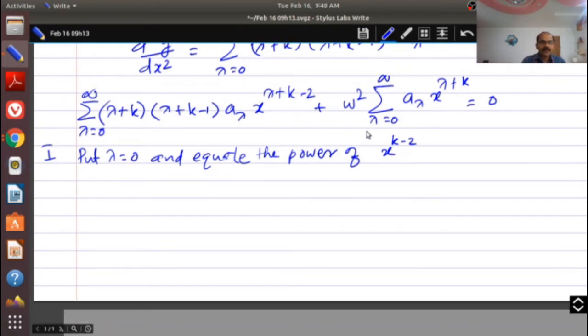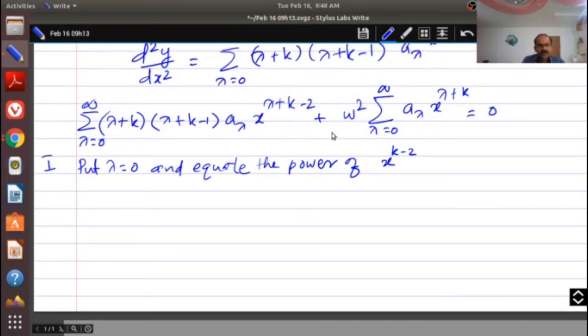And let's look at what that is. So what is the coefficient of x raised to k minus 2 when you put lambda equal to 0 here? This will take a little bit of time, so I will go very slowly, but once you understand it, it is not that complicated.